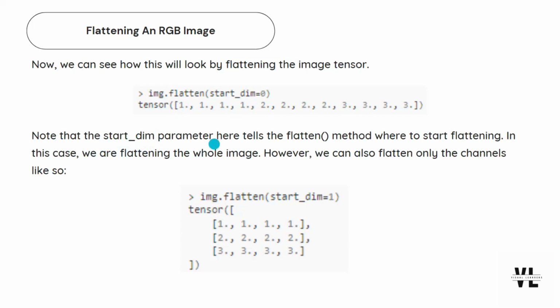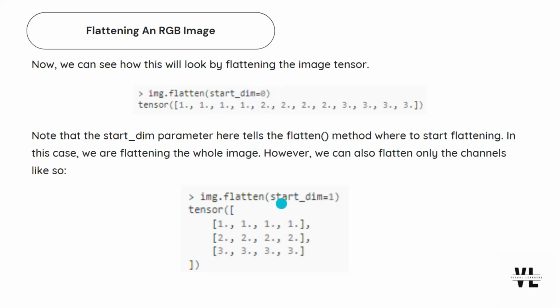note that the start_dim parameter here tells the flatten method where to start flattening. In this case, we're flattening the whole image because we're starting from the channels, and it already had 3 channels, but those will not be preserved because the flatten operation starts from the number of channels.